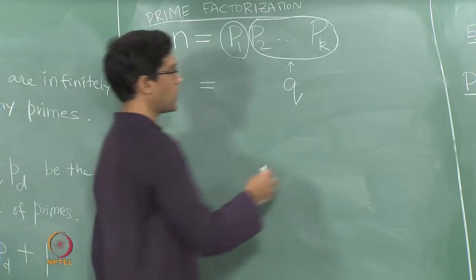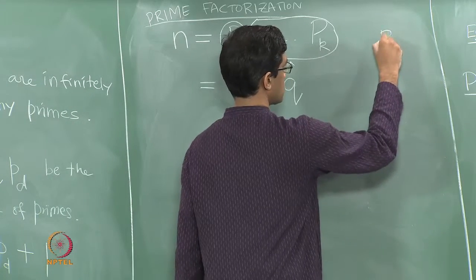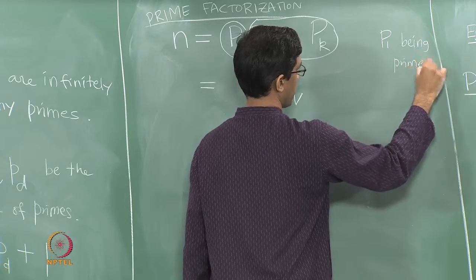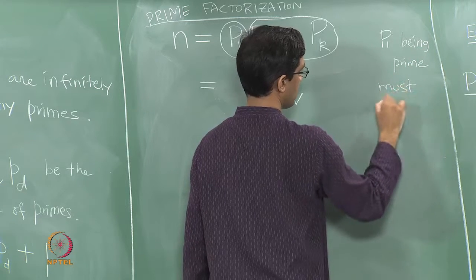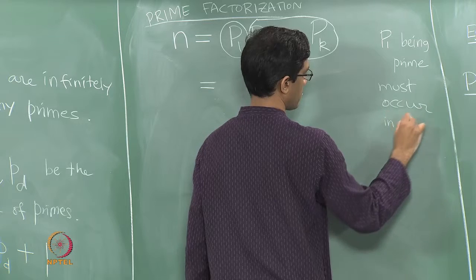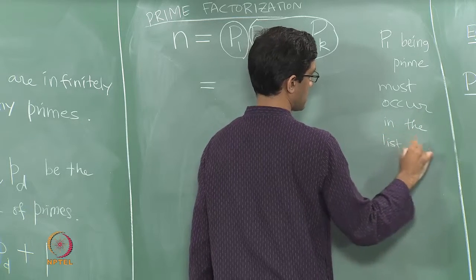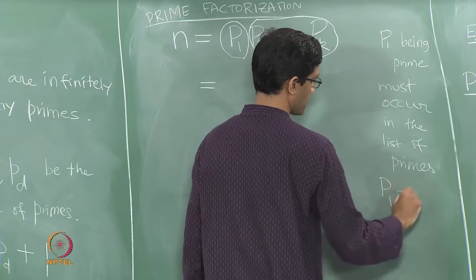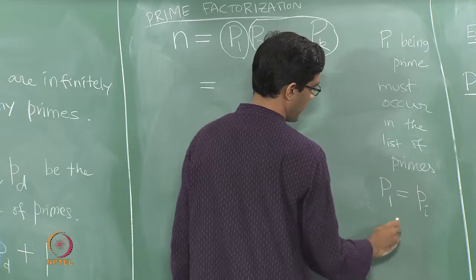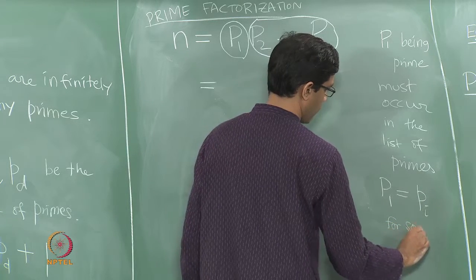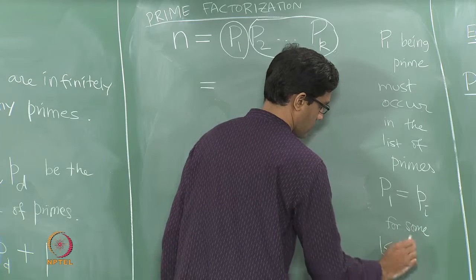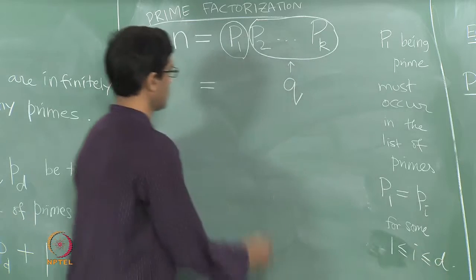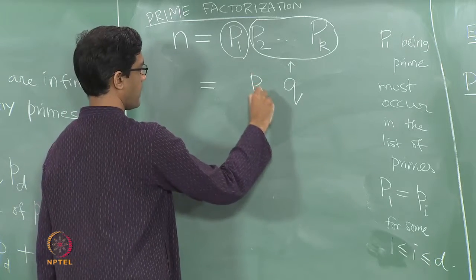P1 being prime must occur in the full list of primes that we wrote out. In other words, it's some Pi, for some i between 1 and d. So let's call P1 the prime Pi.